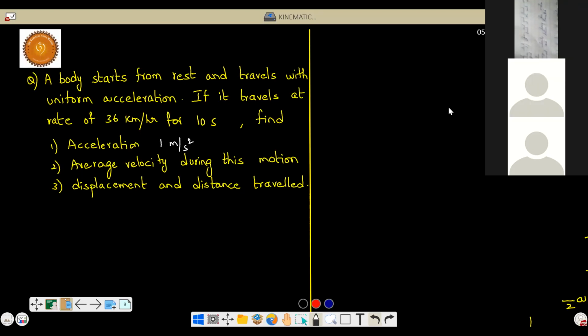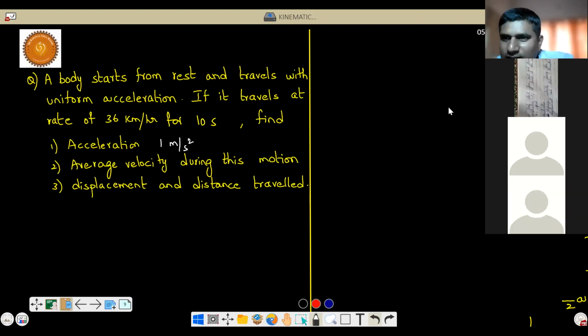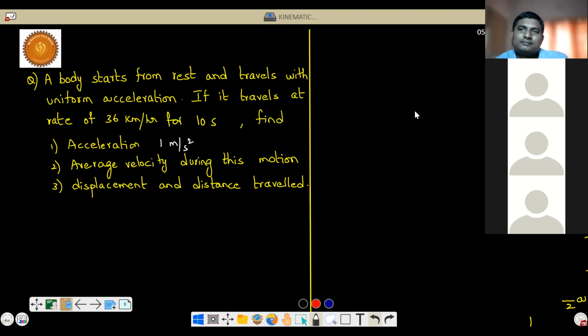Deepta Teja. No, turn right side, rotate right. Okay, okay. Next, Charishma. She is not there, I think. No? Okay, okay.